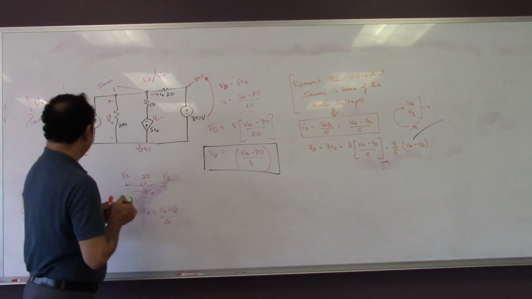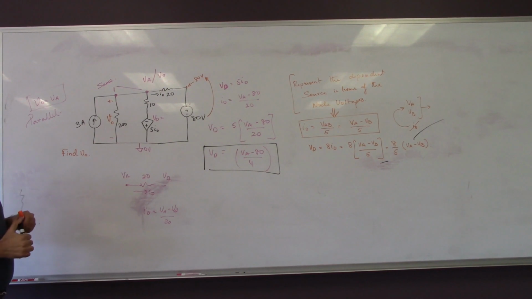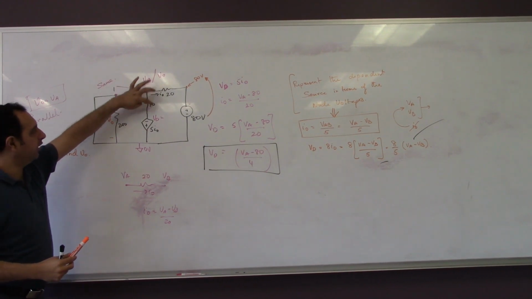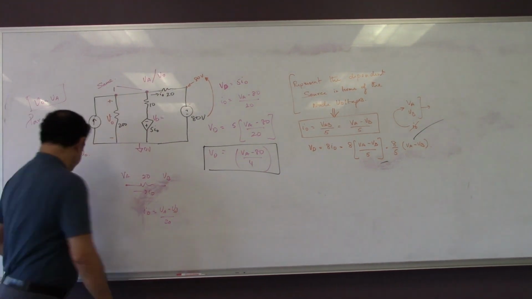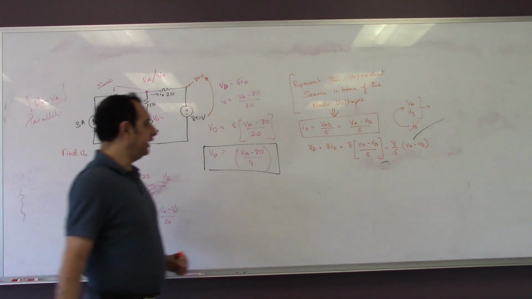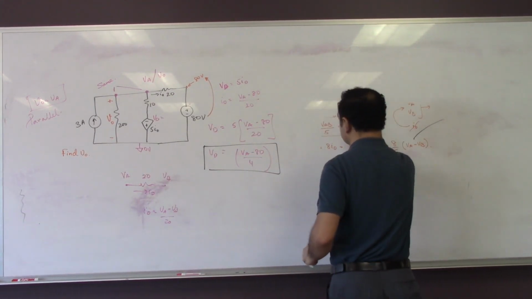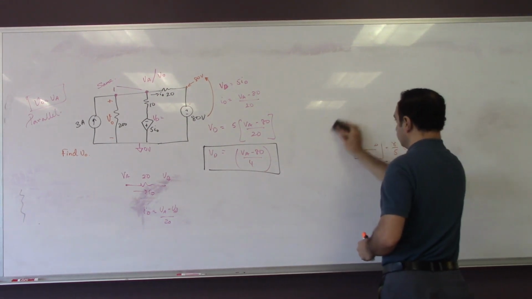Okay, now if you write the node voltage equation at VA, there are 4 branches connected to VA: 1, 2, 3, 4. I want you to write the node voltage equation at VA and then we'll solve it. There is only one equation and one unknown, which is VA.